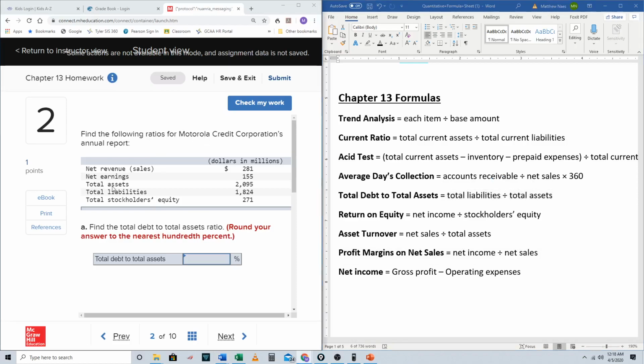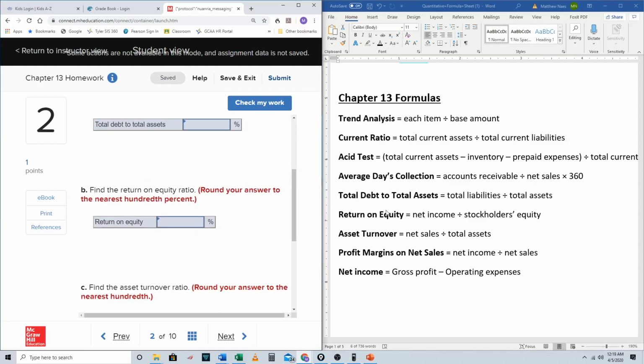So we have that. Total liabilities over total assets, done. Change it to nearest 100%. Again, run the formula, multiply by 100, and round after you change it to percent. So round to the second decimal after you change. You should see a whole number point something something. Again, I'm not going to do it because it's a pretty straightforward question.